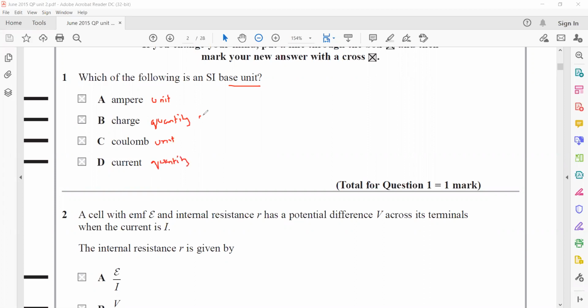So this one is a derived unit, this one is a base unit, and current is a base quantity. So A is the right answer: the unit of current is ampere, current is a base quantity, and the ampere is a base unit.